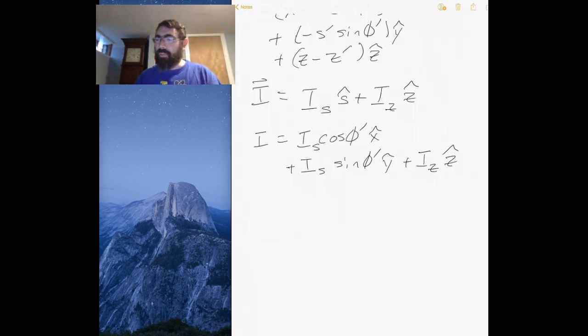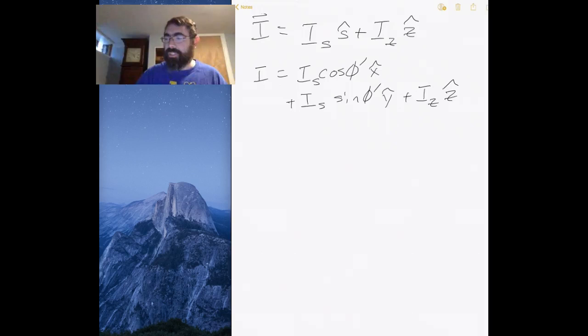Okay, so now that we have the current and we have the r vector, then we can create the cross product between those two, which would be this right here.